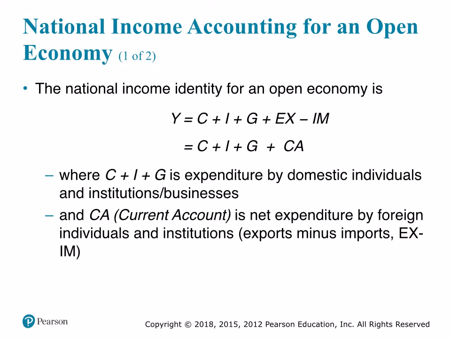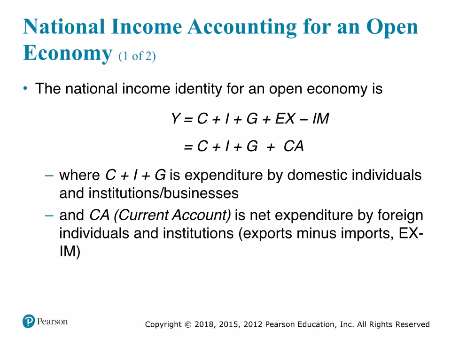Exports minus imports is the net expenditure by foreign individuals and institutions. And don't forget, most of the time, the United States has a negative current account because our exports are smaller than our imports, right? Or our imports are larger than our exports. That's why we always get the negative number.